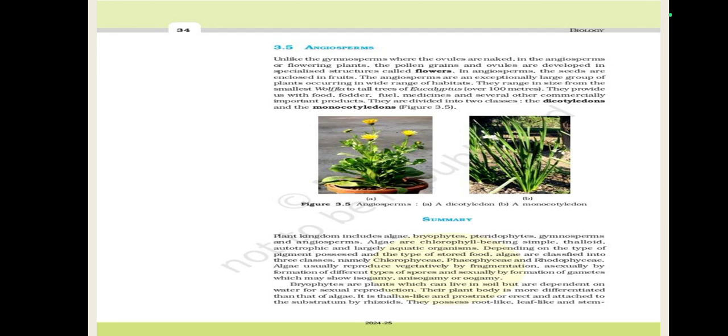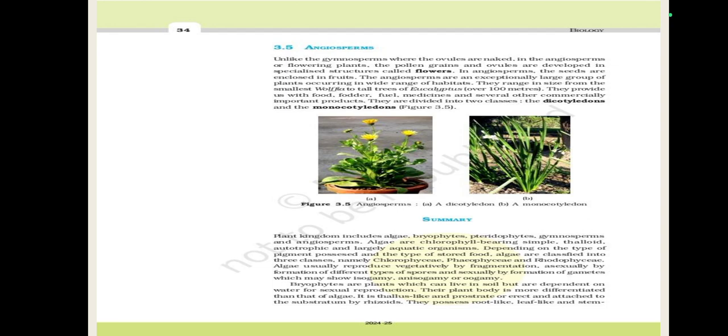Plant kingdom includes algae, bryophytes, pteridophytes, gymnosperms, and angiosperms. Algae are chlorophyll bearing, simple, thalloid, autotrophic, and largely aquatic organisms. Depending on the type of pigment possessed and the type of stored food, algae are classified into three types, namely chlorophyceae, phaeophyceae, and rhodophyceae.